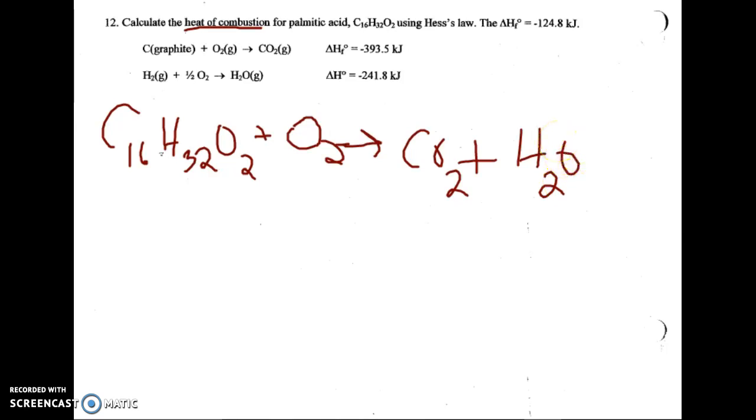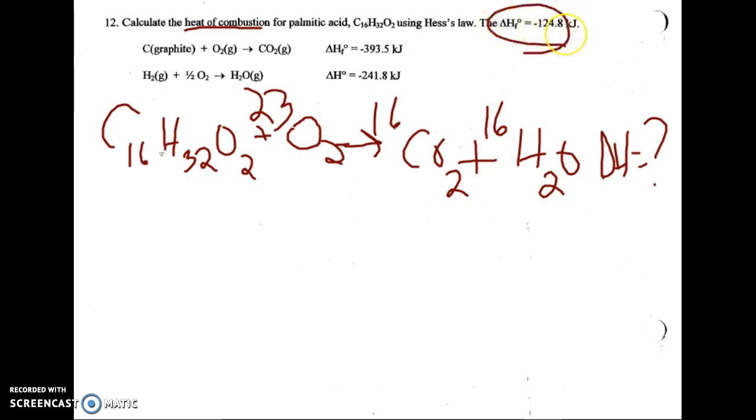We balanced this on the last one, so we need 23 O2s and 16 CO2s and 16 water. This is what we're trying to find. Now the other thing we're going to have going for us is this heat of formation.